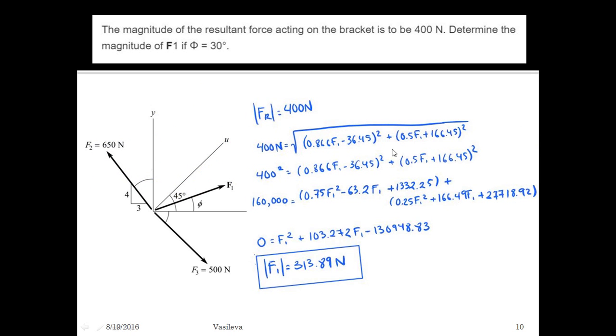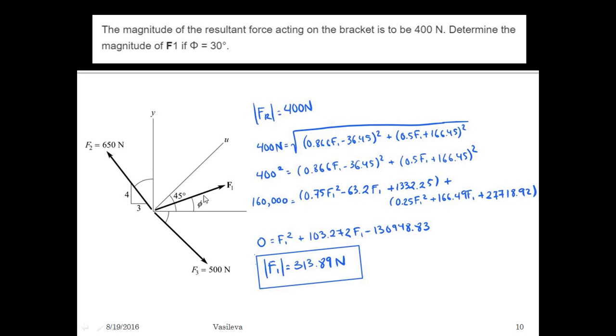I do x squared plus y squared, and then a bunch of algebra, get rid of the square root, factor this out, and I end up with a quadratic equation. I use the quadratic formula, and with an online solver I get the magnitude of F1 to be 313.89 newtons.